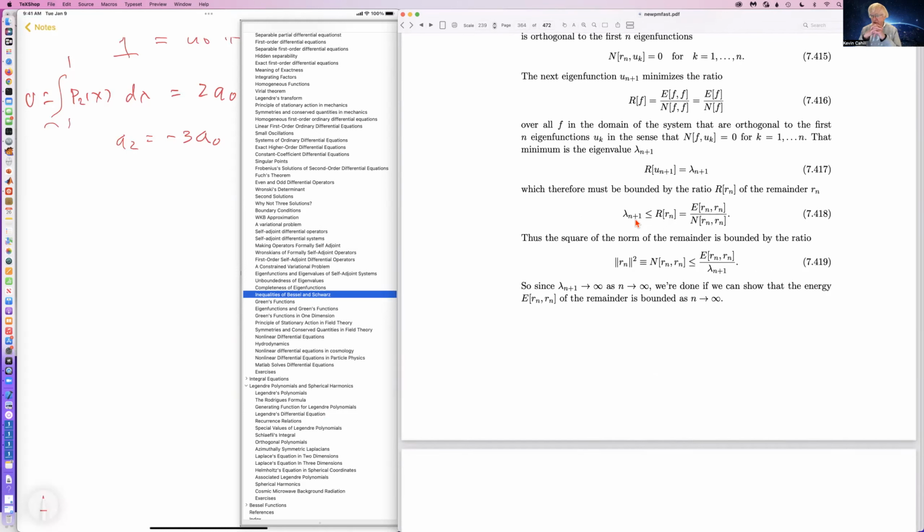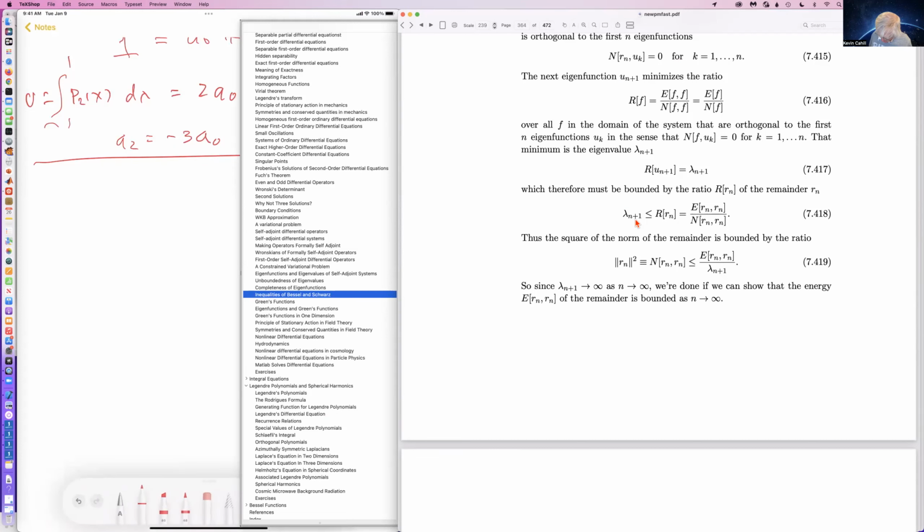So what we come upon here is that you normalize the eigenfunctions with respect to a weight function, and in other words, the general form is this.